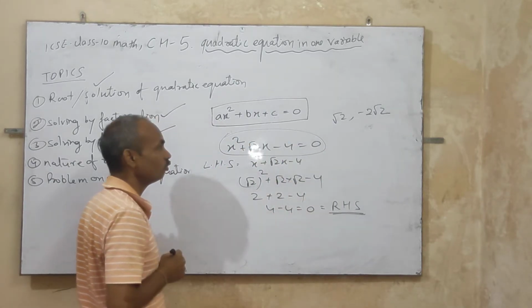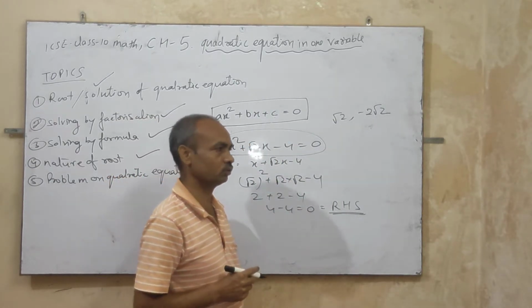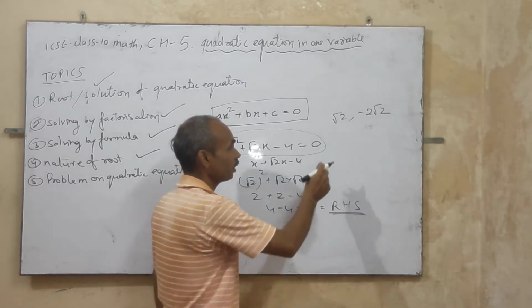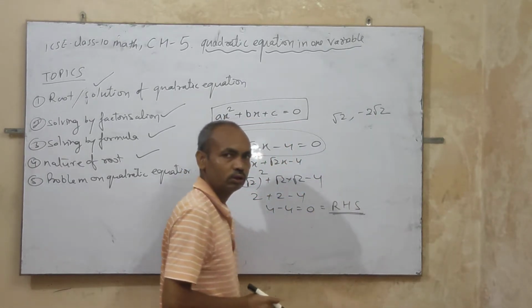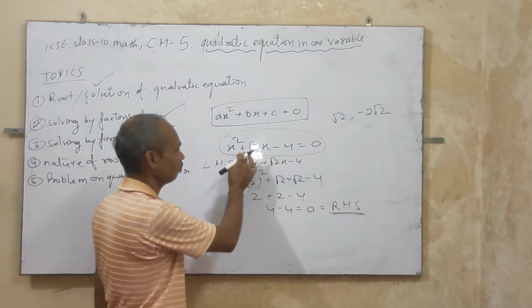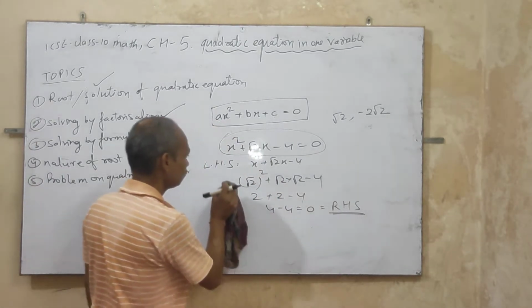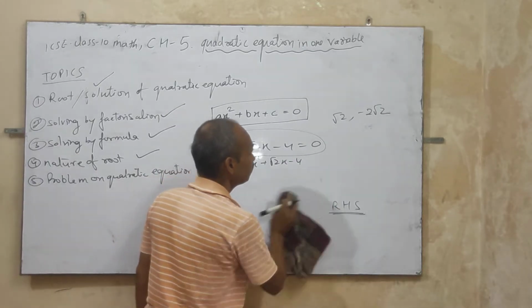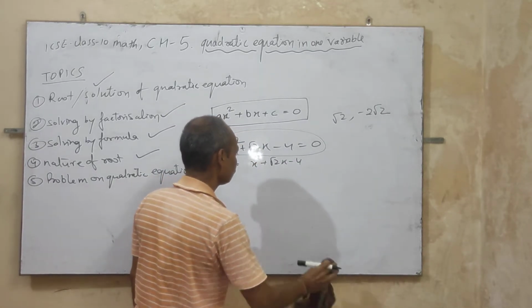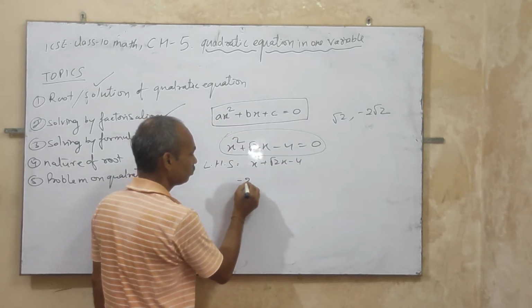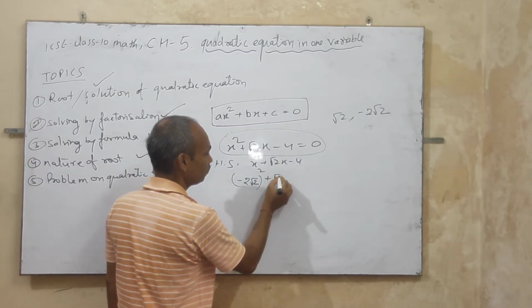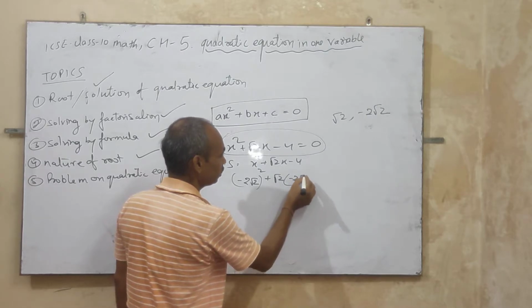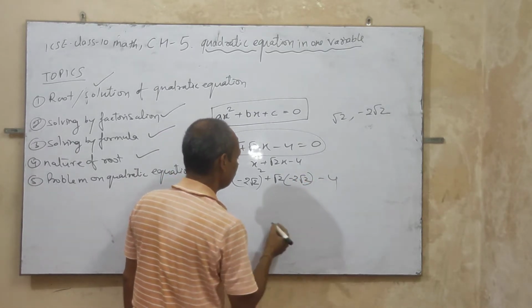Now we prove that minus 2 root 2 is a solution of this equation. Putting minus 2 root 2: minus 2 root 2 square plus root 2 into minus 2 root 2 minus 4.